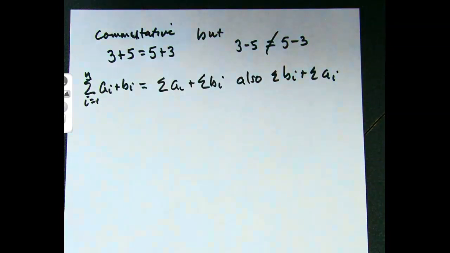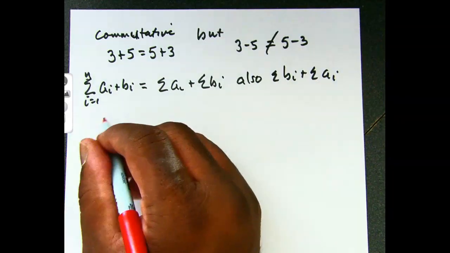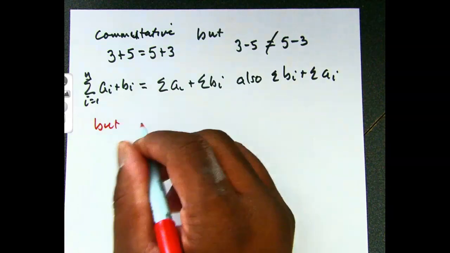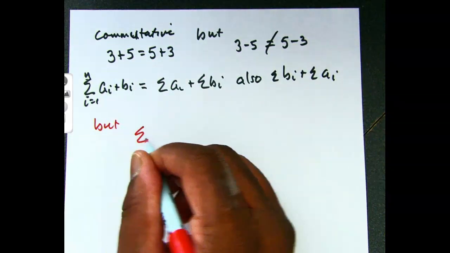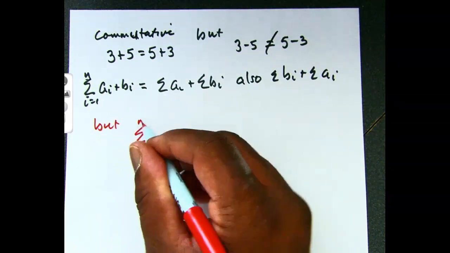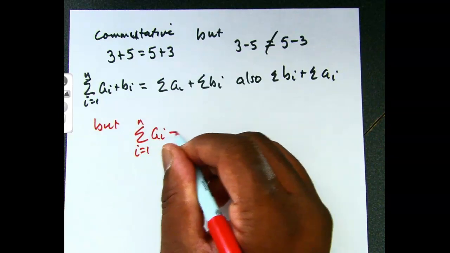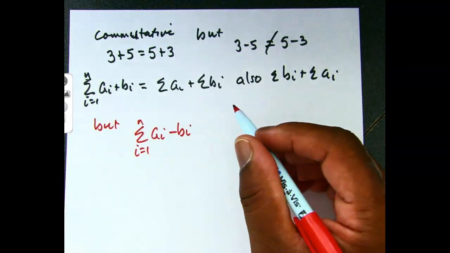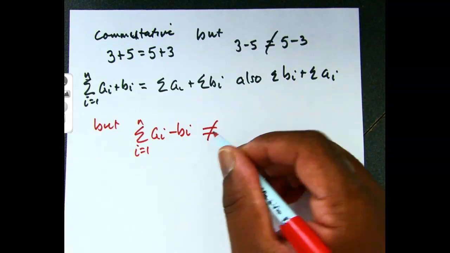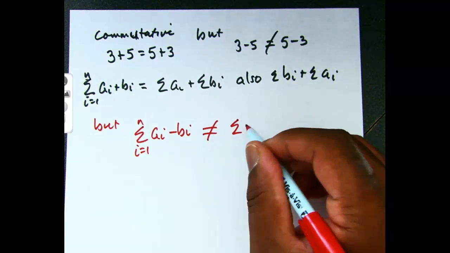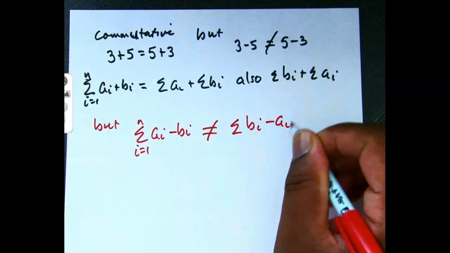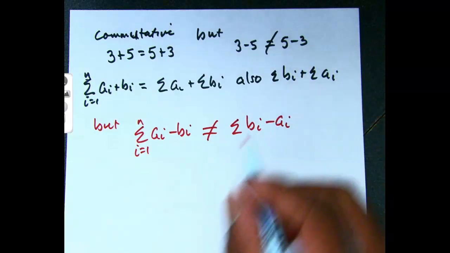It does follow the commutative property. But the summation of a sub i minus b sub i is not equal to the summation of b sub i minus a sub i. Okay, by the commutative property.